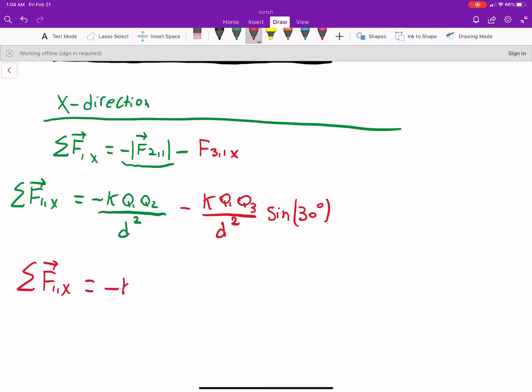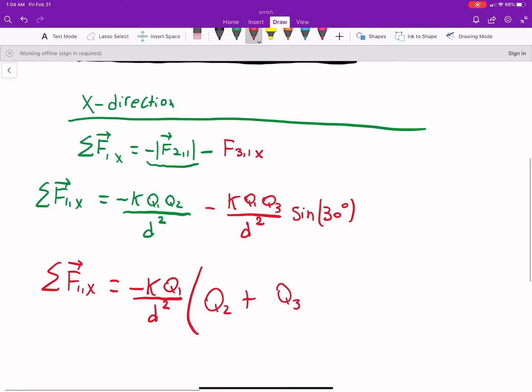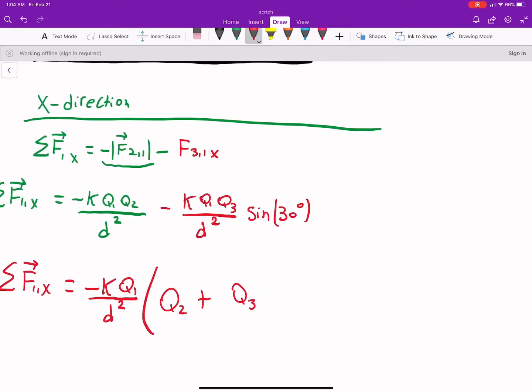Well, they all have a k, they all have a q1, they all have a distance squared. So I'm going to factor all that out, and I'm left with q2 plus q3 times sine of 30 degrees. Sine of 30 degrees is what, root 3 over 2? Yep, root 3 over 2.